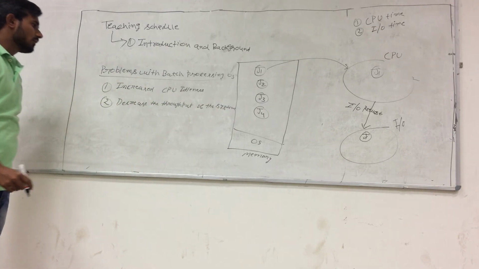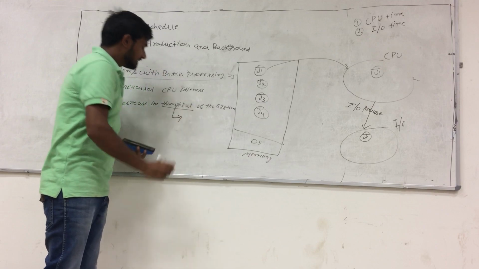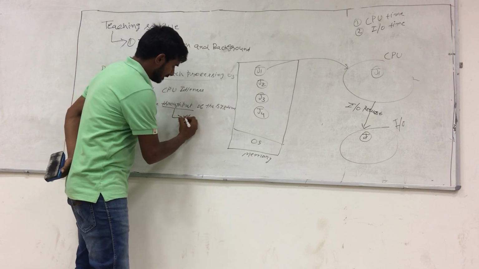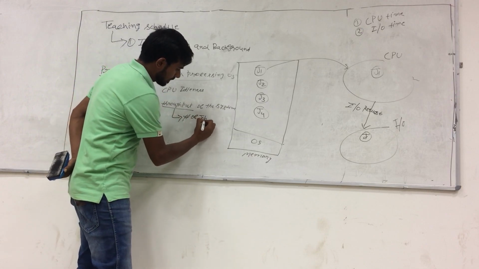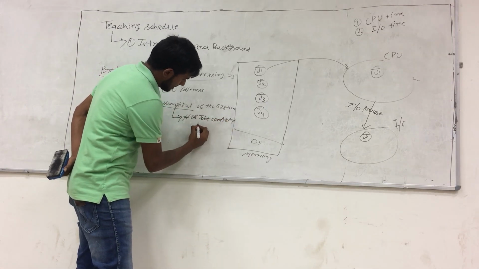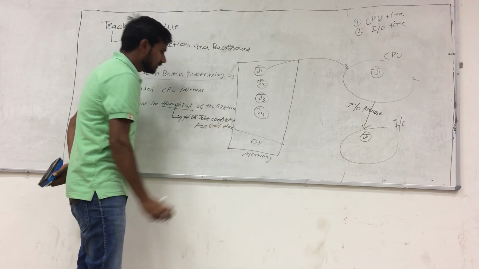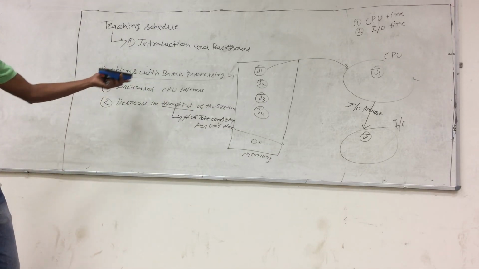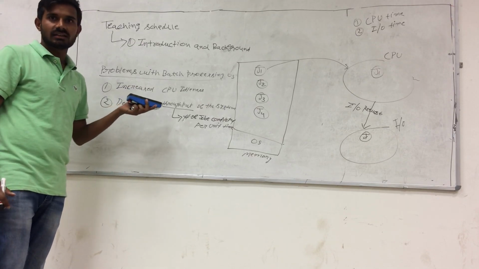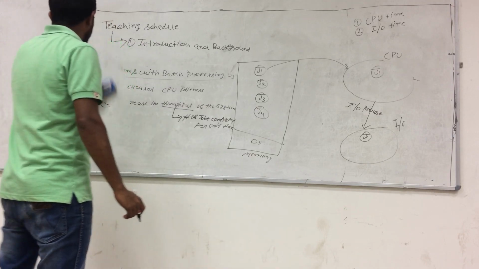So what is the throughput? The number of jobs completed per unit time is called throughput. So the problems with batch operating system are increased CPU idleness and decreased throughput of the system.